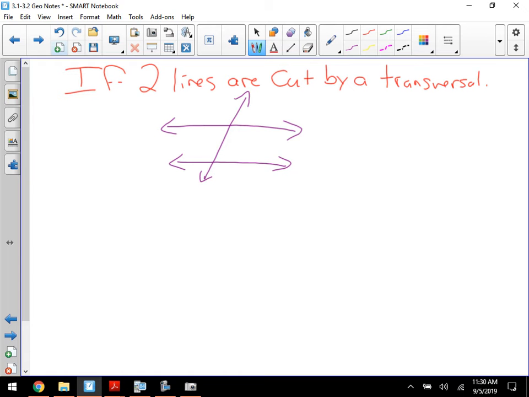And that's what this is going to look like, instead of writing out all those words. Okay? So if this does happen, there are 4 angle pair relationships that occur. Okay, there's going to be 4 of them.